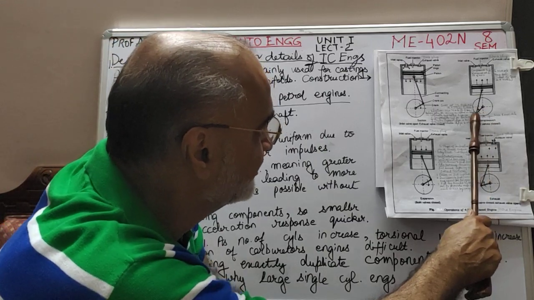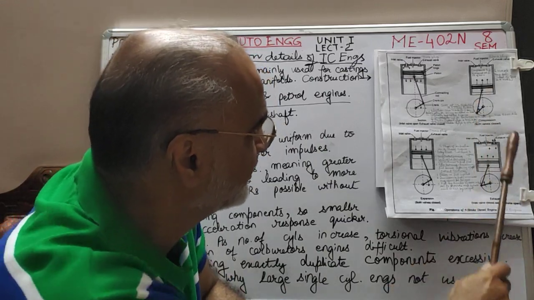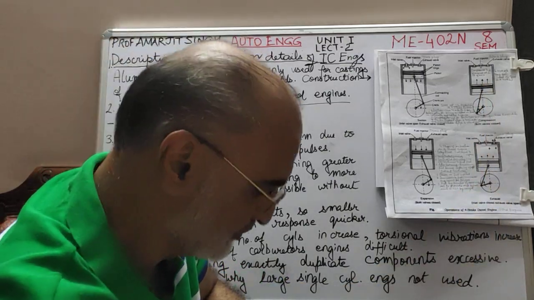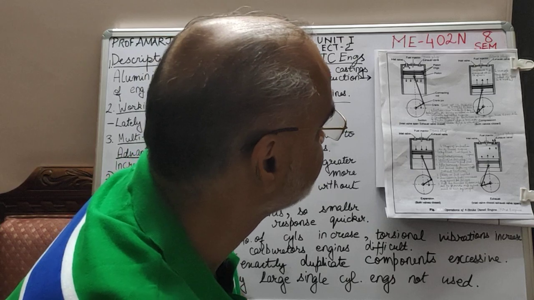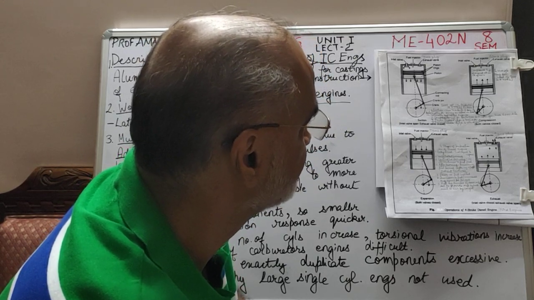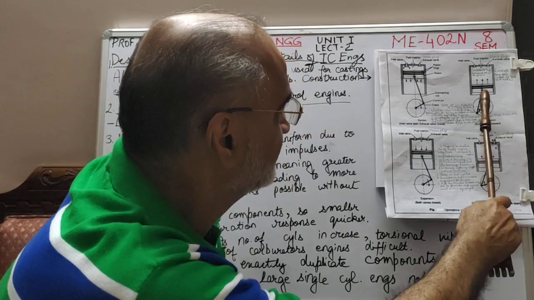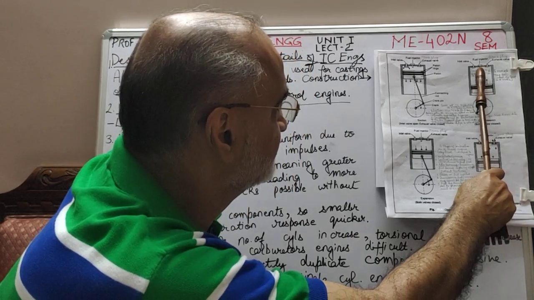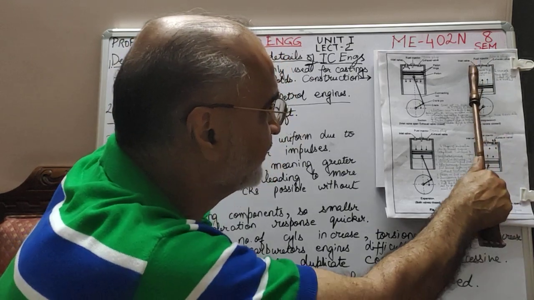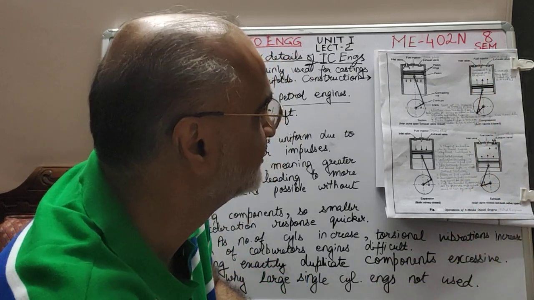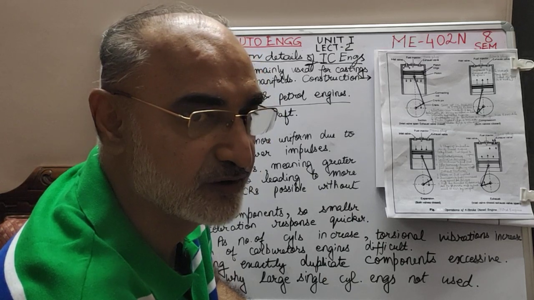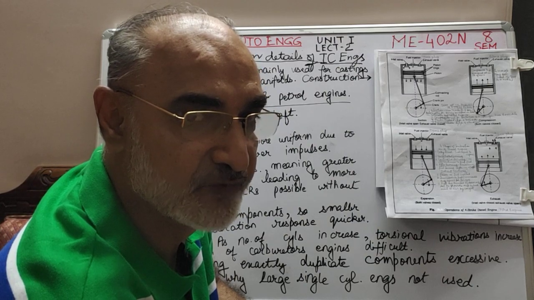Thereafter from 180 to 360 the piston will start moving from the BDC to the TDC. As it reaches the TDC, or just before that, the spark plug gives a spark.